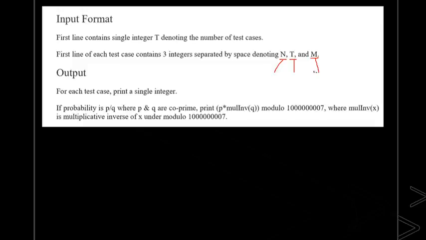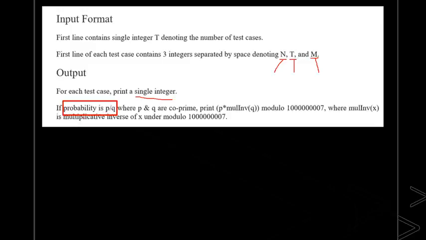Now look at the output. In the output, you have to print a single integer. What is this integer? Look at the points here. If the probability is P by Q, they are telling you to calculate the probability. The probability will be a fraction only. What is the probability? 7 by 10. So it is a fraction. So what are they telling you? Find the probability.